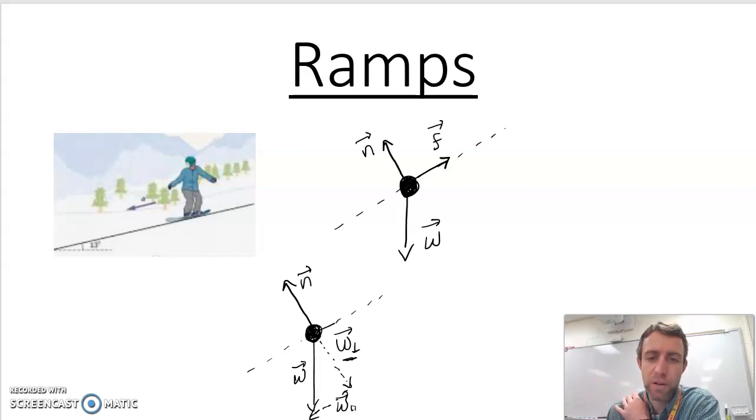Then the frictional force, if the snowboarder is moving at a constant speed down the hill, equals the weight parallel force. If the snowboarder is speeding up, then the weight parallel force, the downhill force, is bigger than the frictional force. So that is how that works. If it's constant speed, the forces are balanced. If it's undergoing an acceleration, the forces are unbalanced.